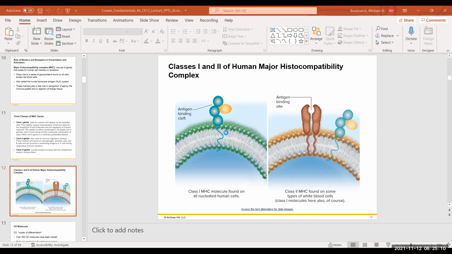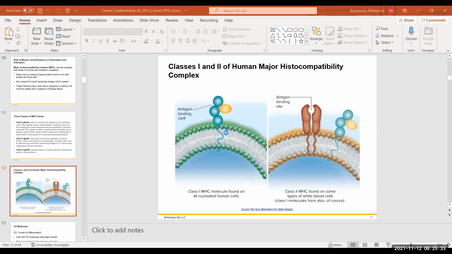These are called recombinases. There's a recombinase 1 and a recombinase 2, and they're called RAG1 and RAG2.